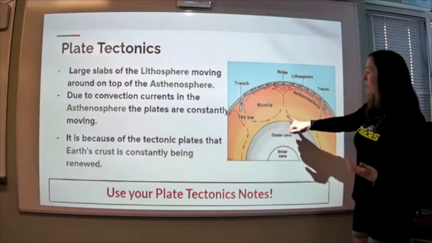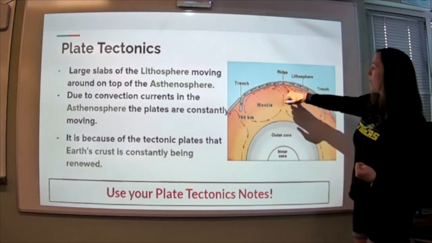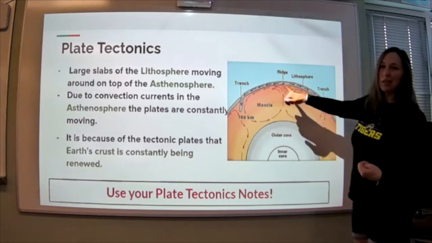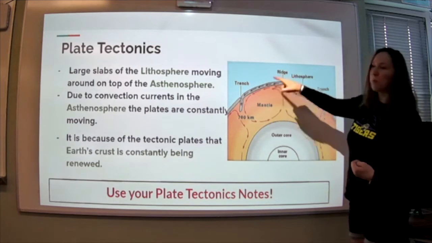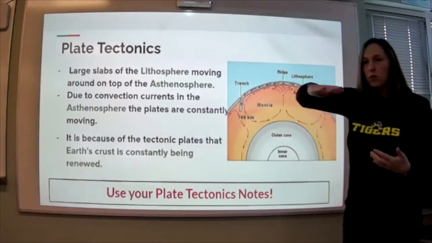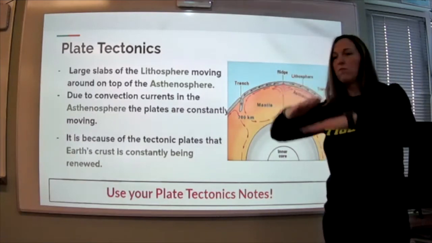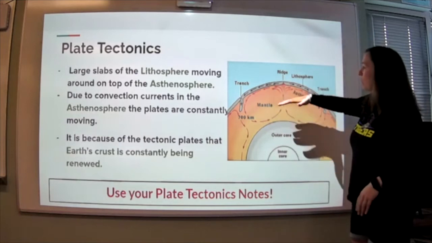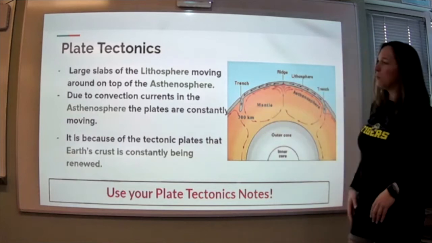As a really hot section rises to the top, it gets pushed sideways in the asthenosphere, which drags these plates with it. That's all it is. We have lithosphere on top of asthenosphere, and convection currents in the asthenosphere cause that lithosphere to move.